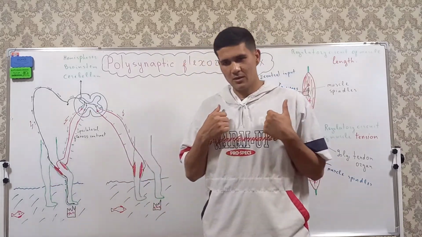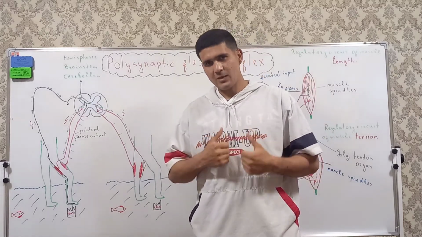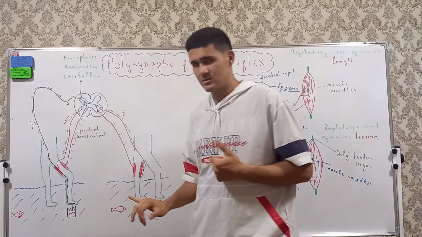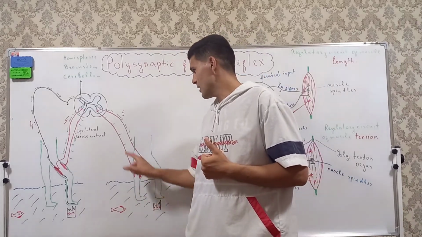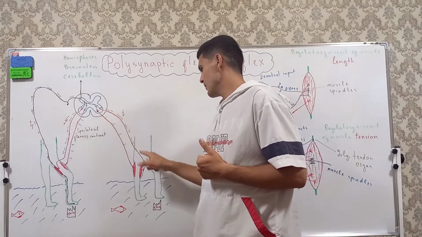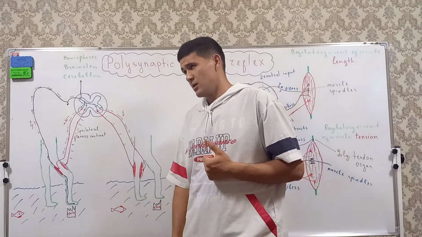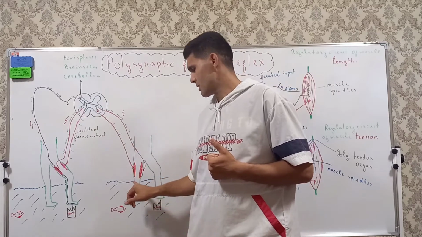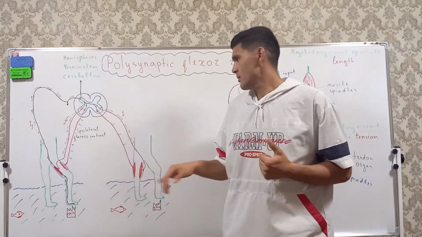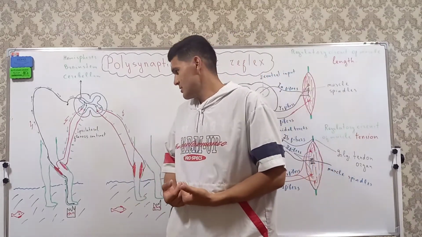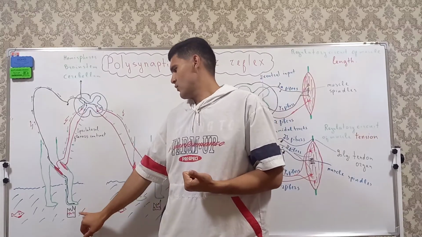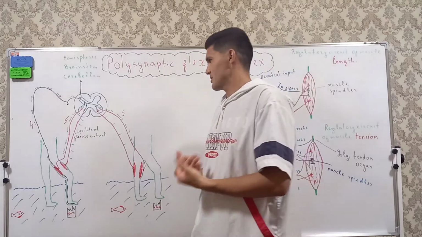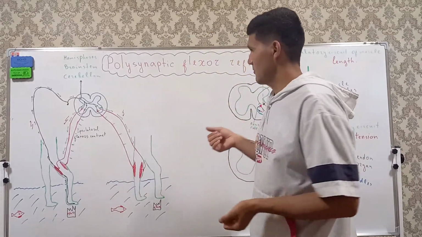For maintaining our posture in a stable position, we have to contract the extensor of the other leg. Get that? In the right leg, the plus is stimulating the extensors, and the inhibition of the extensors. Okay? It can help us to avoid the painful stimulus. That's a quite simple example of the polysynaptic flexor reflexes.